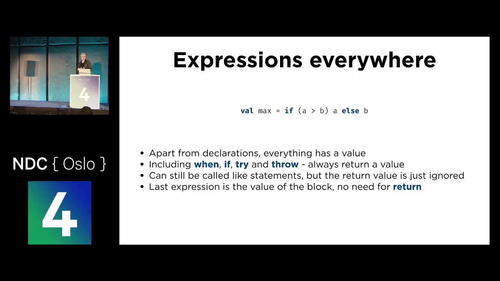So if you're using the when keyword, which is like switch, it's for pattern matching. If is also an expression, try, and even throw are expressions. So Kotlin doesn't have a ternary operator, the something question mark something colon something. It doesn't have that. You just use the return value of an if expression. So if itself has a value.